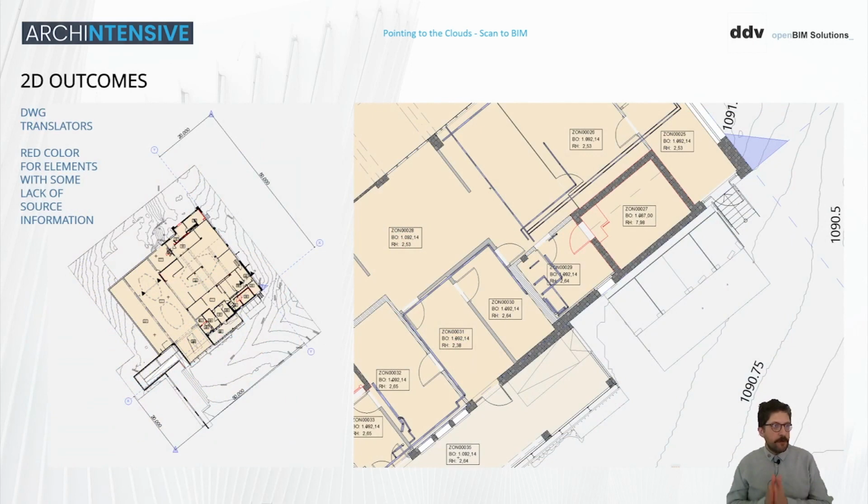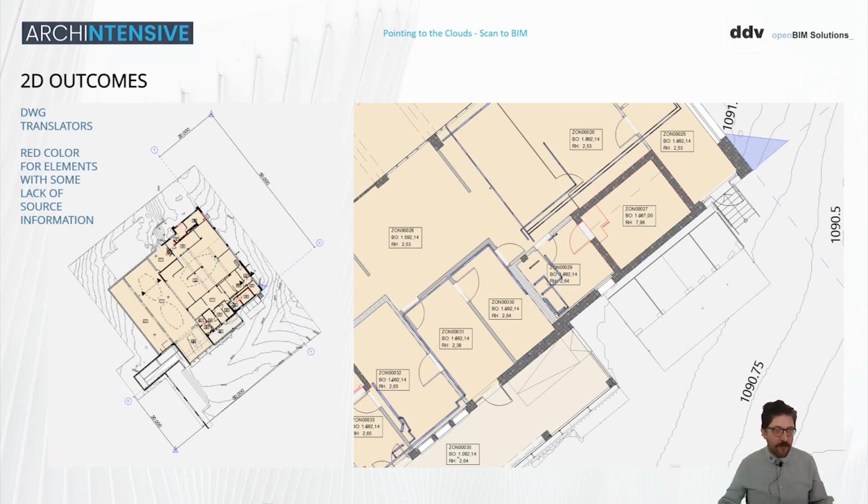And also, to finalize this session, I want to show you how we work with the 2D outcomes directly from the Graphisoft Archicad file. This is nothing complicated, but of course we need to take quite some care using the DWG translators as well as the layer combinations.